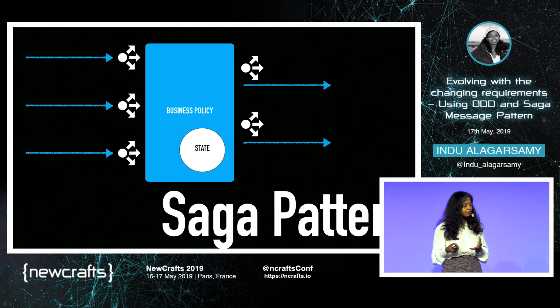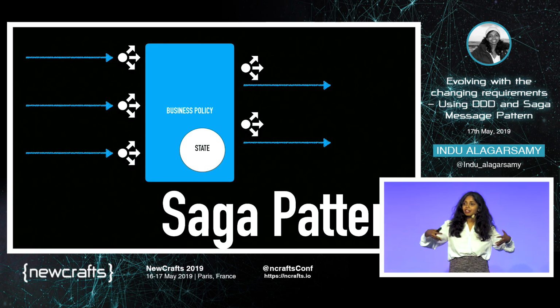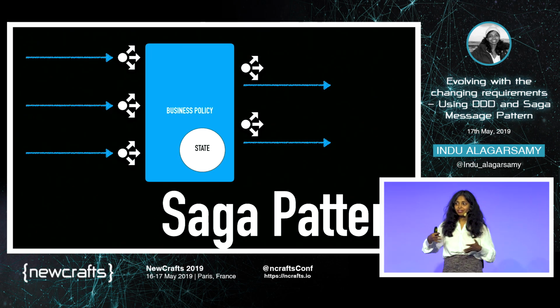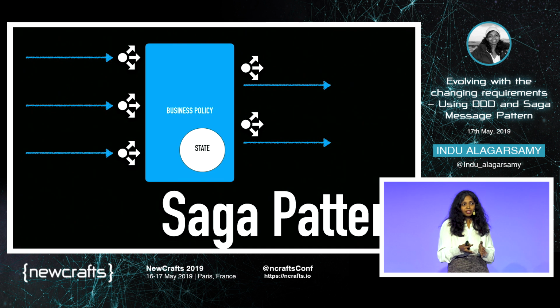The saga is also useful to take compensating actions. It's not just events that are happening that you should be interested in. You should also be thinking about events that are not happening. What if you're expecting to receive an event, but let's say you never received that event?